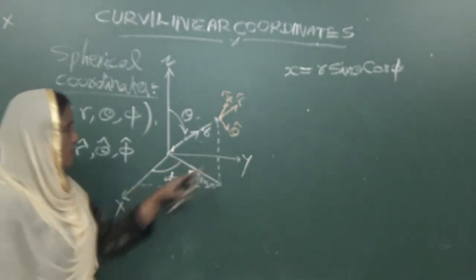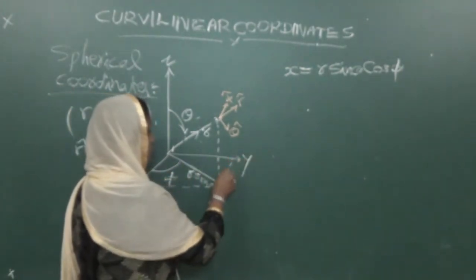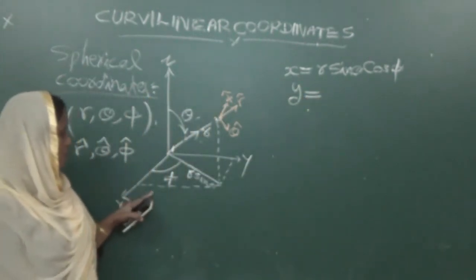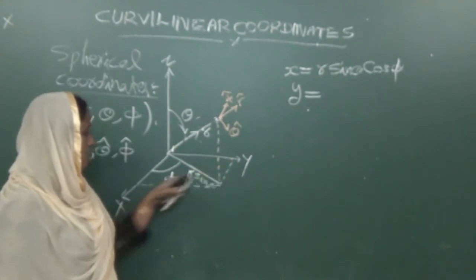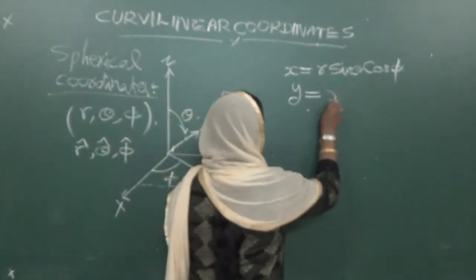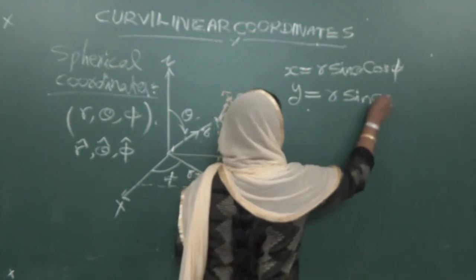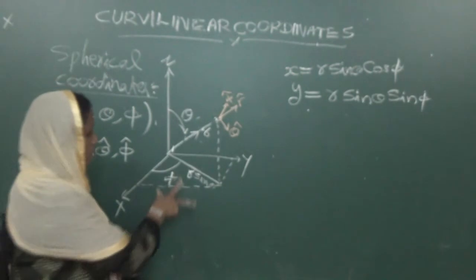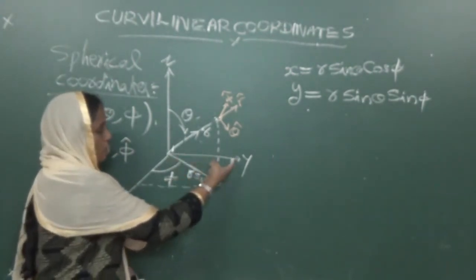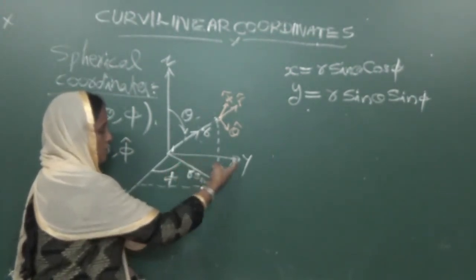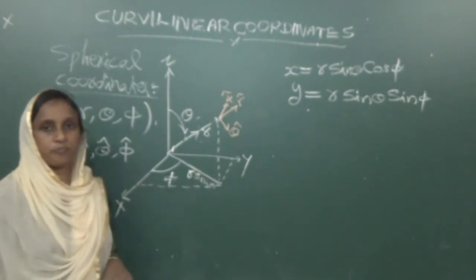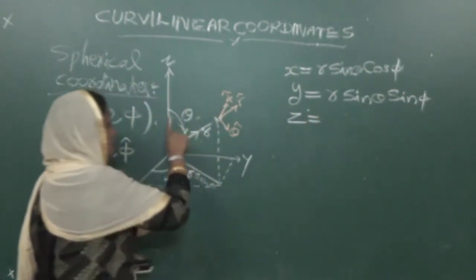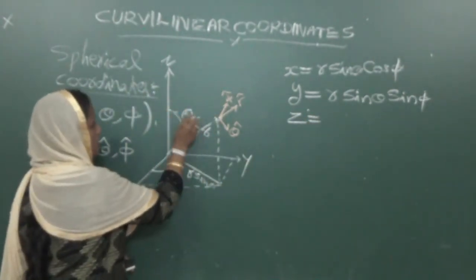Similarly, the y component is equal to r sin theta sin phi. This is r sin theta, so this component is r sin theta sin phi. This is phi. Okay. Z is this distance, right?